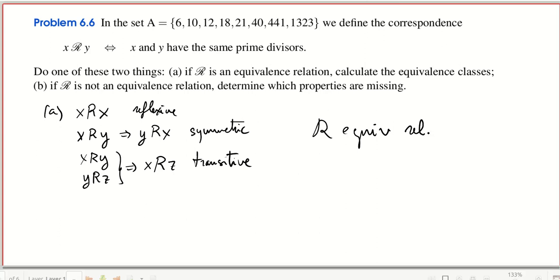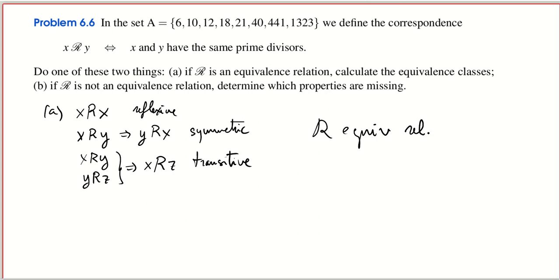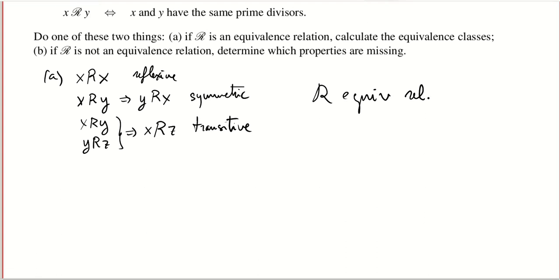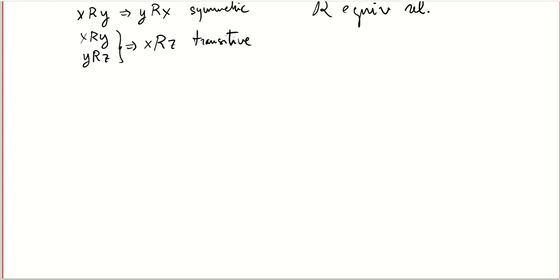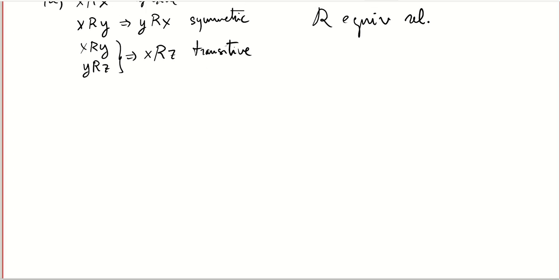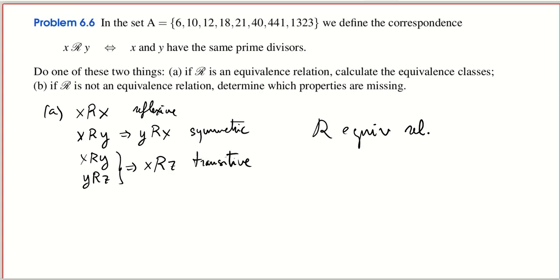Okay, good. Now the next thing to do is to calculate what are the equivalence classes, and for that what we need to do is to classify all the numbers in the set, all these numbers here, according to the primes they have.